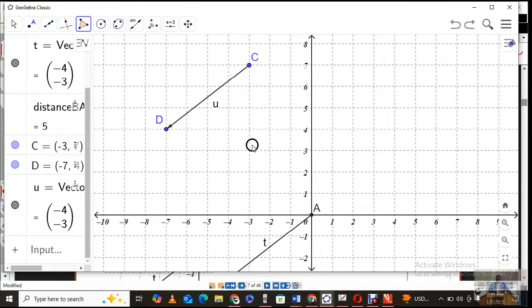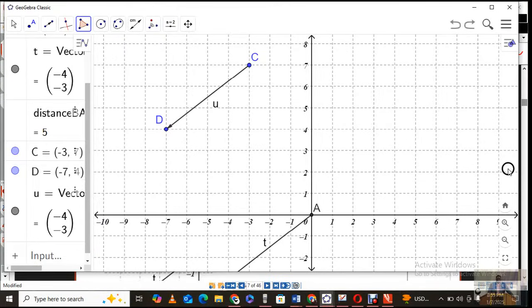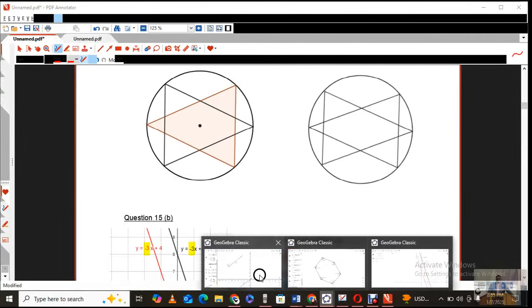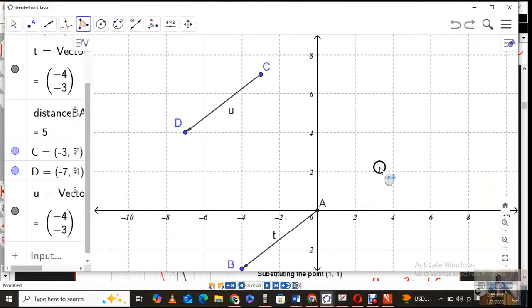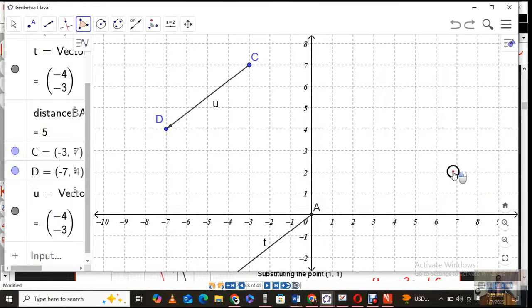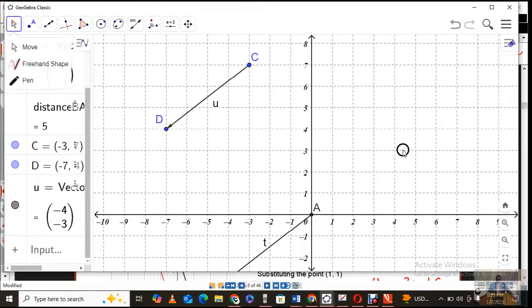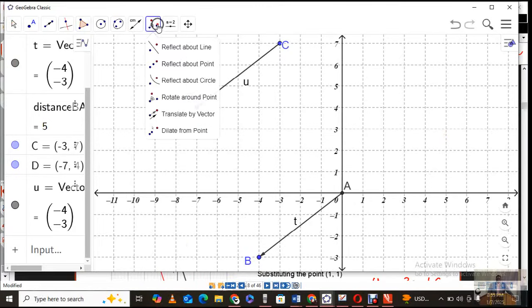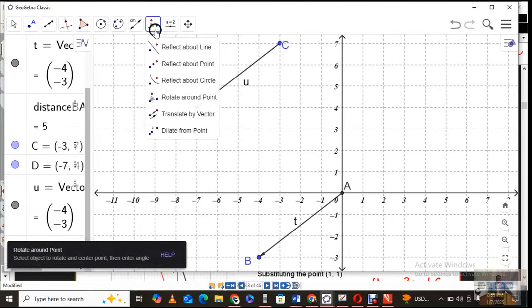I want to show you something very cool, where I can use the software GeoGebra, which you can download, to calculate the distance there.